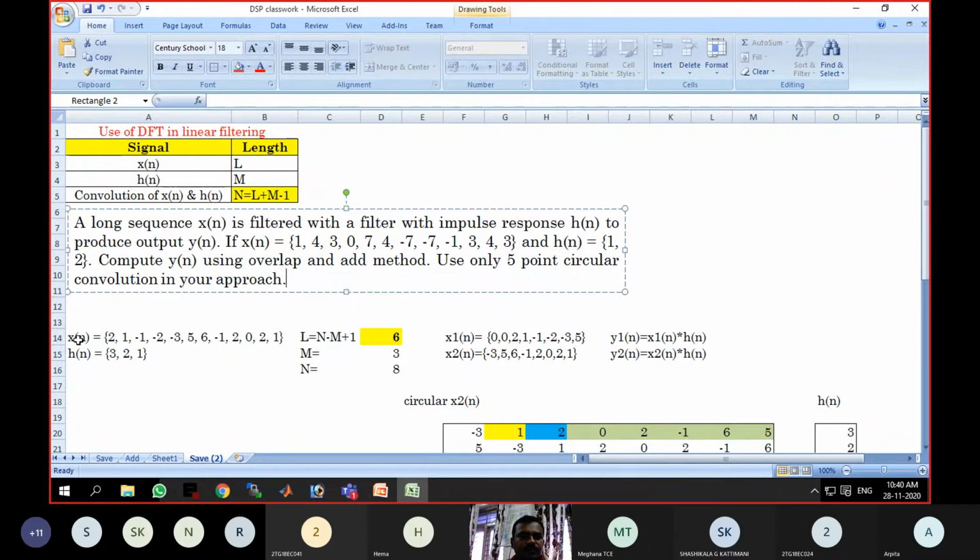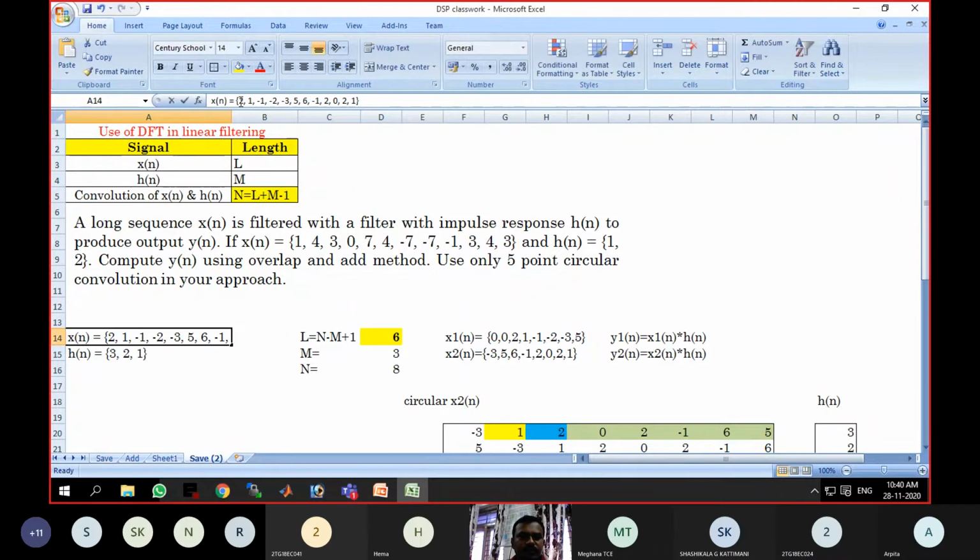So what is the x of n they have given? Let me once again rewrite those values: 1, 4, 3, 0, 7, 4, -7, -7, 3, 4, 3.